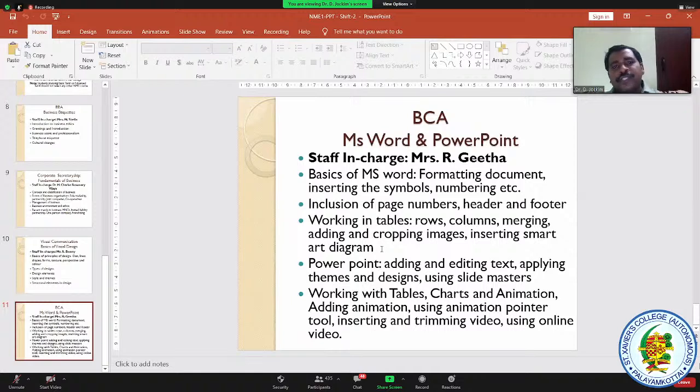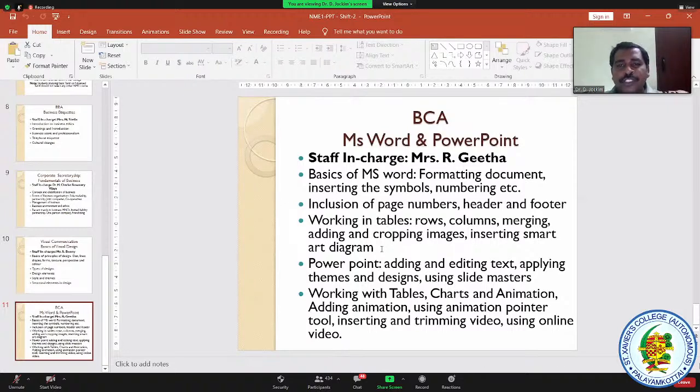So dear students, what I did was just highlight the important features of all the 10 different courses available. Only one concern is regarding the course related to the Tamil department. The students who have never studied Tamil, or who studied Tamil only up to 10th standard, have to choose only Tamil related courses, right?